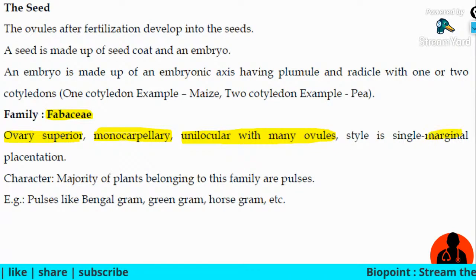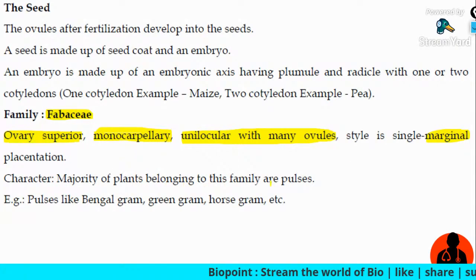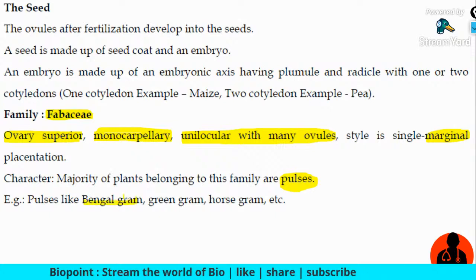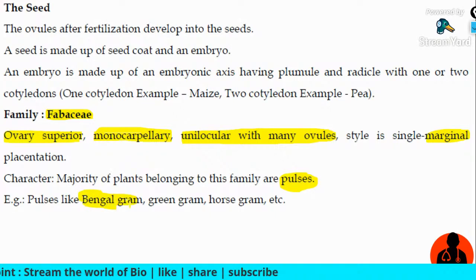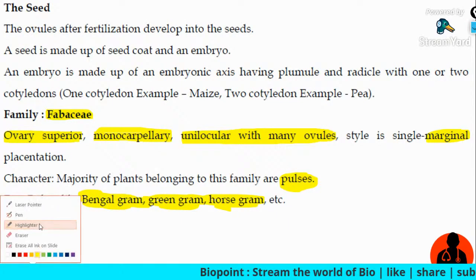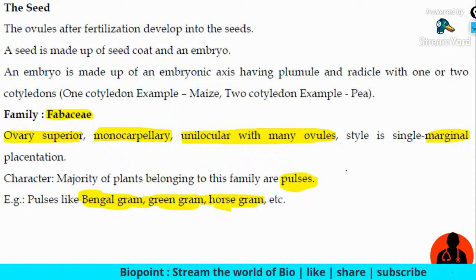Marginal placentation. Character, majority belonging are pulses. Examples, pulses like Bengal gram, green gram, horse gram, etc., belonging to the family Fabaceae.